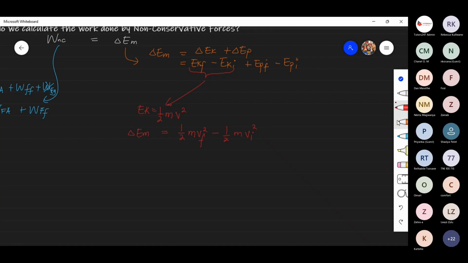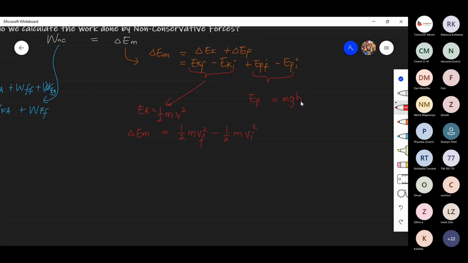Now let us have a look at the potential energy component. So we know potential energy refers to mass times gravitational acceleration times height. But because we are now dealing with the change in potential energy, we are going to have the final potential energy minus the initial potential energy. So when we are dealing with final potential energy, we will use the final height.